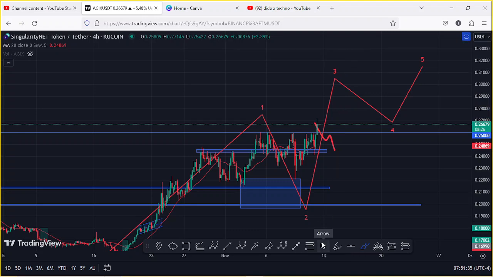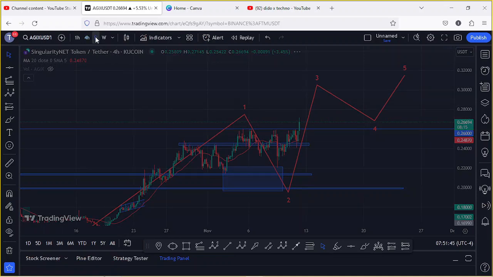But if by any chance we lose the $0.245 mark, expect further pullback to the area at around the $0.21 mark.